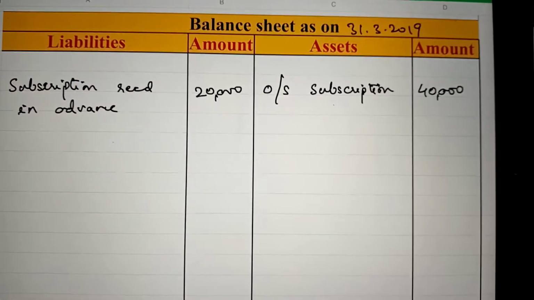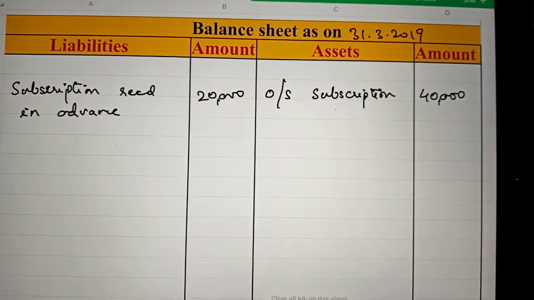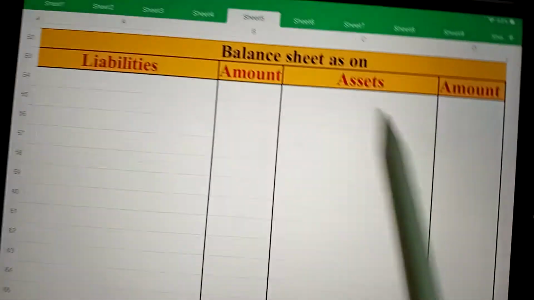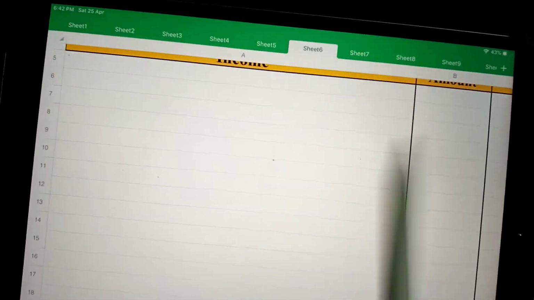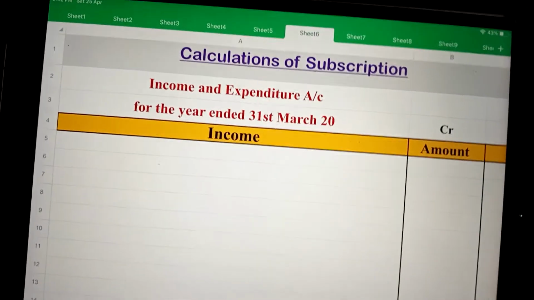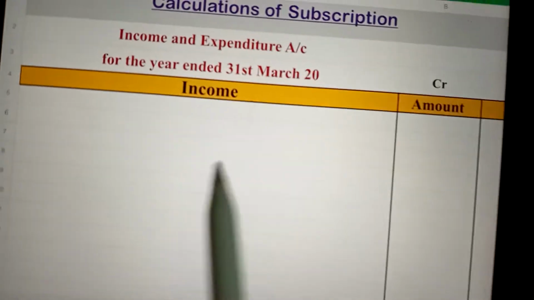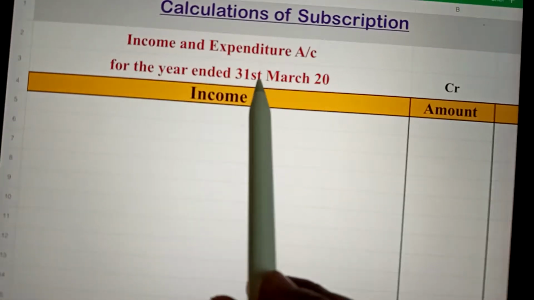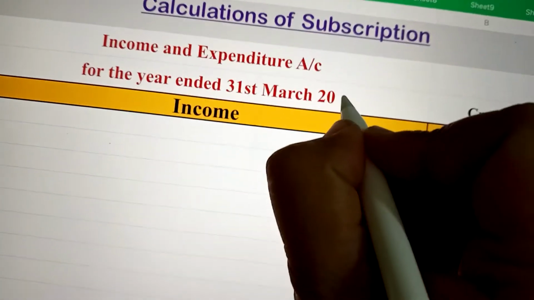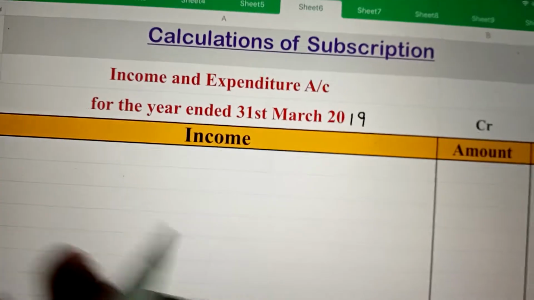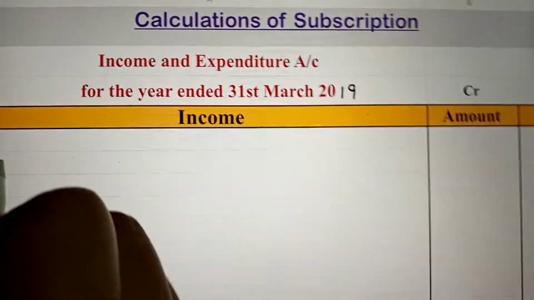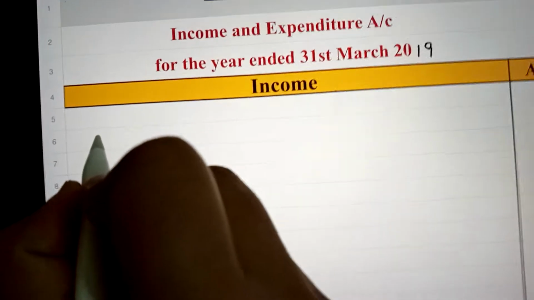So first of all, we will make the format here. Income and expenditure account for the year ended 31st March 2019, and the amount of subscription received is given.